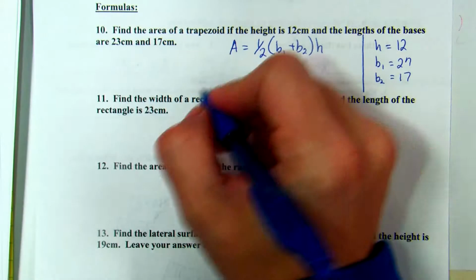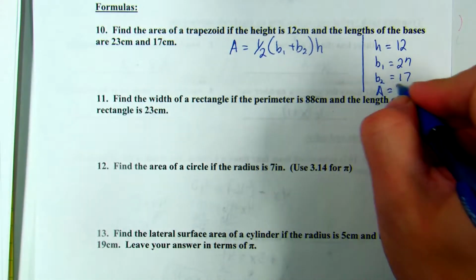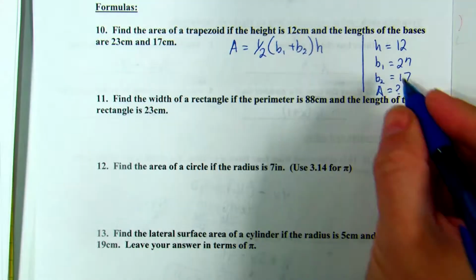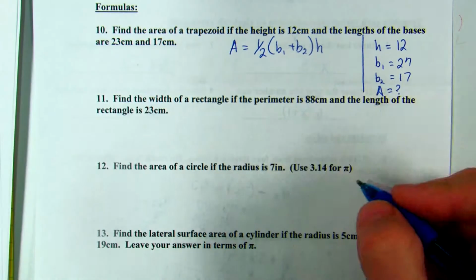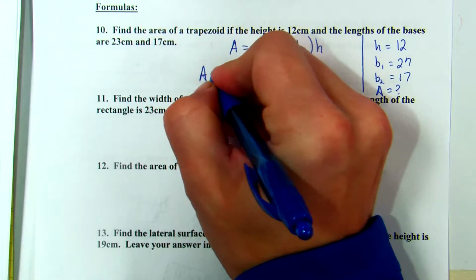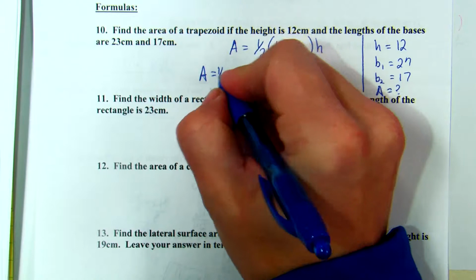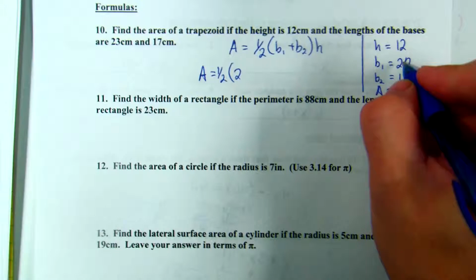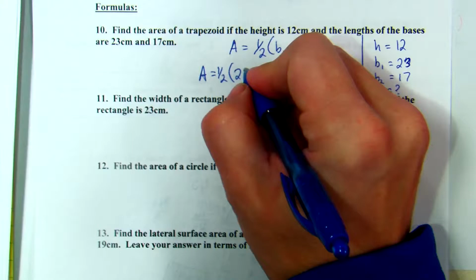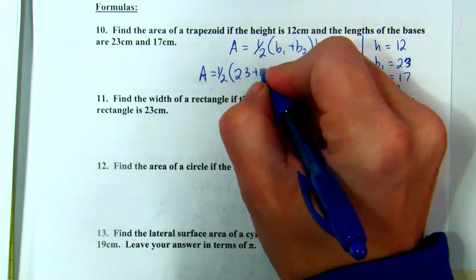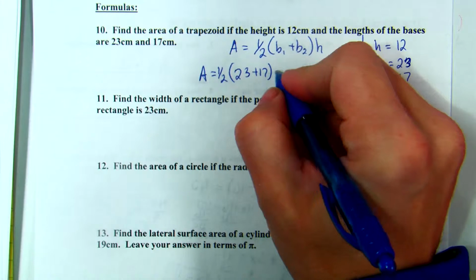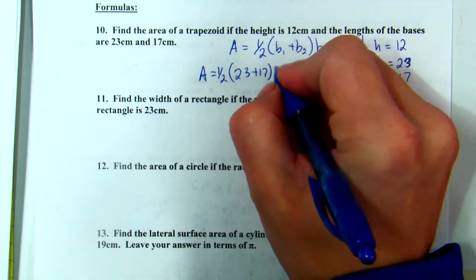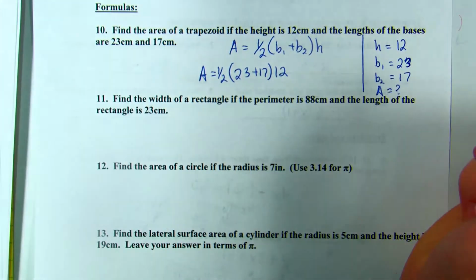So the area is our unknown. So we'll plug those values into the formula here. We're going to have area, which is unknown, equal to 1/2 of base 1 plus base 2, 23, I'm sorry I wrote this wrong here, 23 plus 17, and then times h, which is 12.